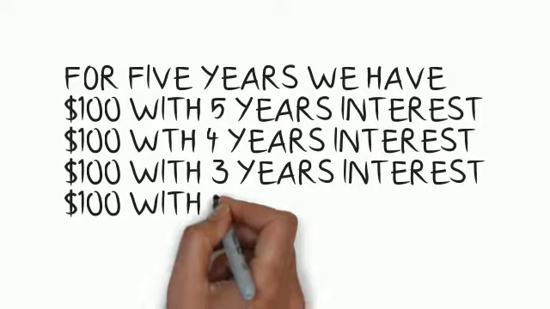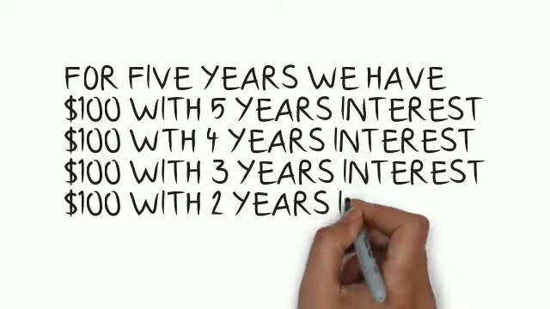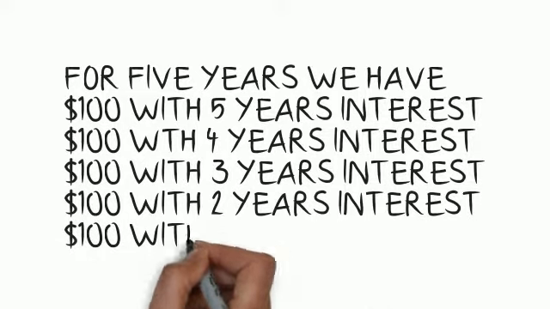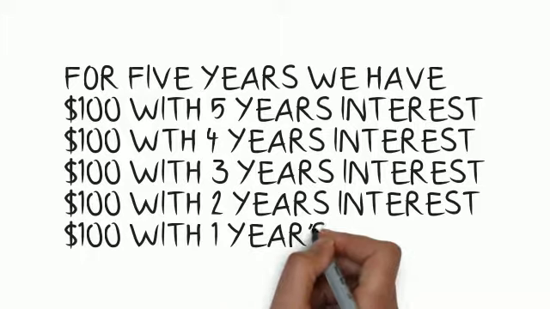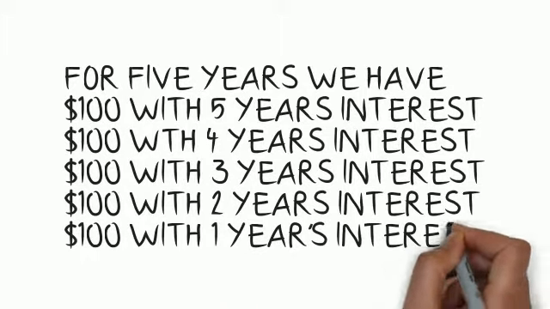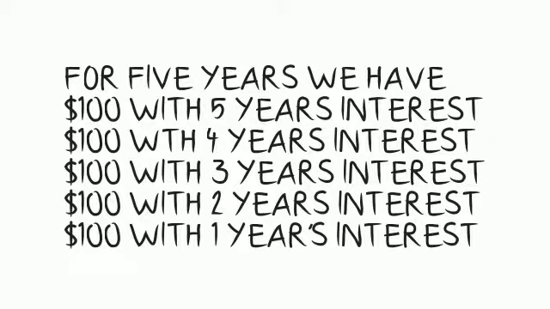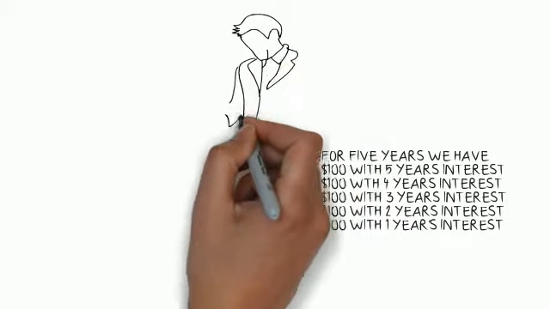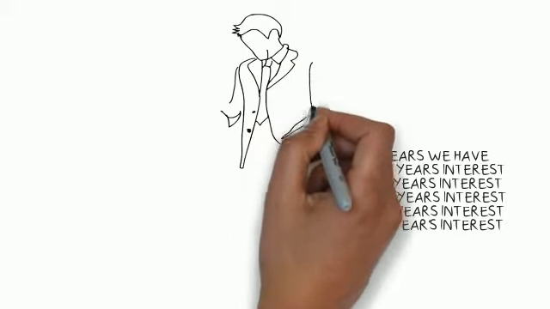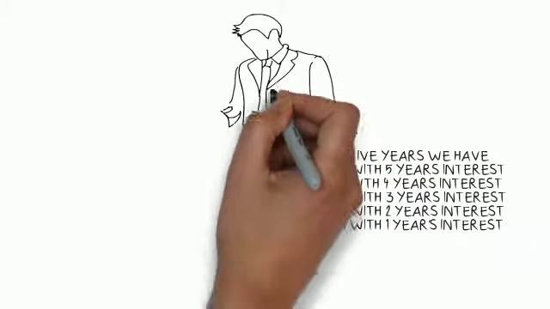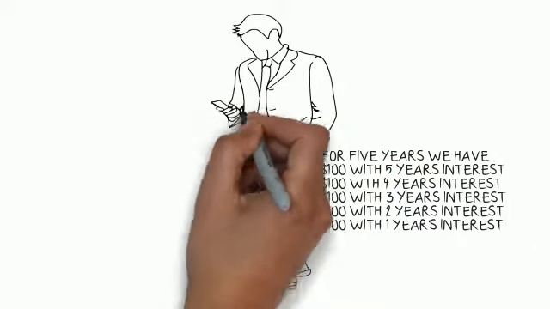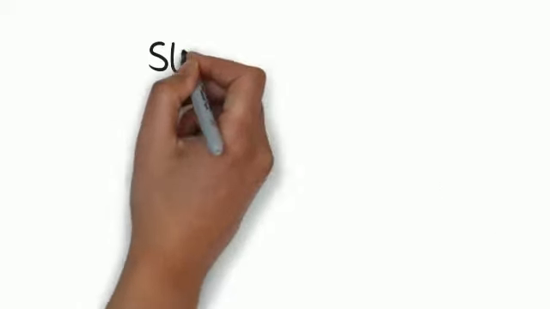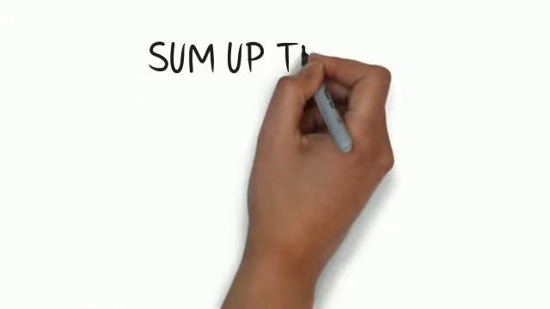So if we are looking at 5 years, we have $100, which has been there for 5 years, which has earned 5 years' worth of interest. We have another $100, which has been there for 4 years, earning 4 years' worth of interest. Another $100, there for 3 years, earning 3 years' worth of interest.